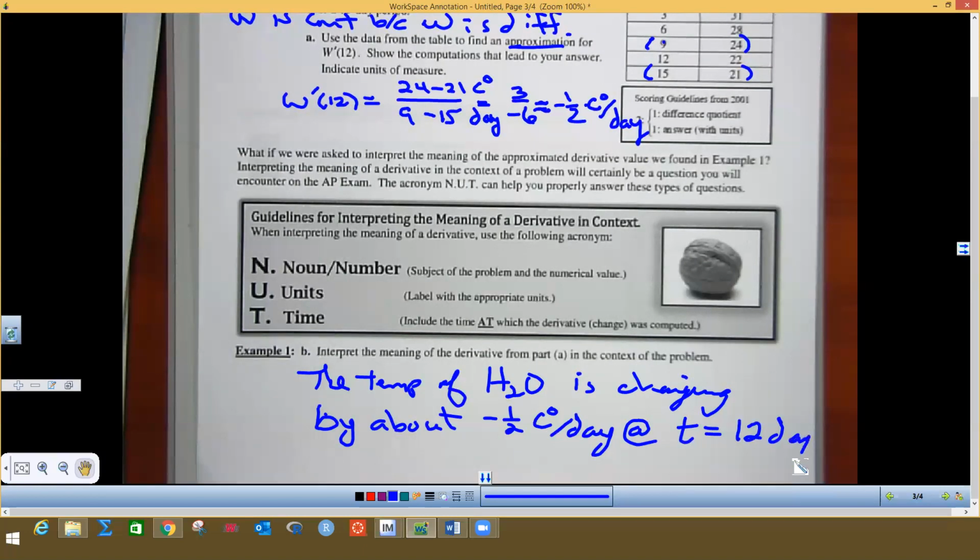And we'll probably ought to put days, at t equals 12 days. Okay, so that would be the interpretation of this problem.